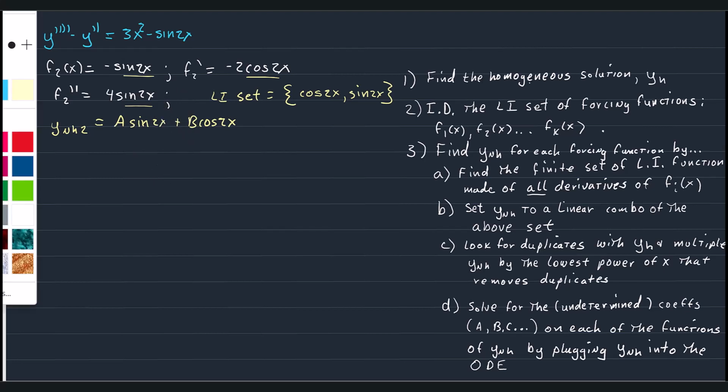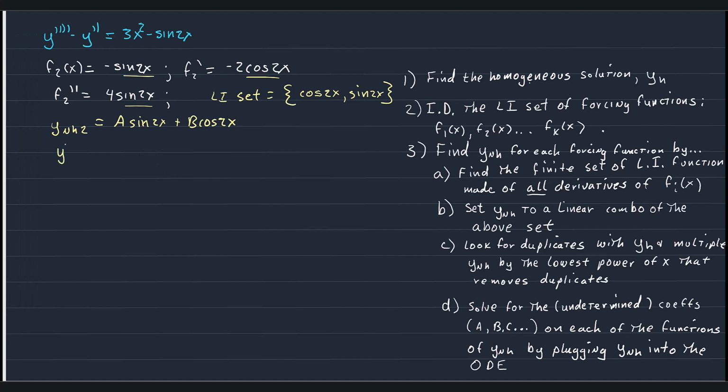So y prime is equal to 2a cosine 2x minus 2b sine 2x. Y double prime is equal to minus 4a sine 2x.